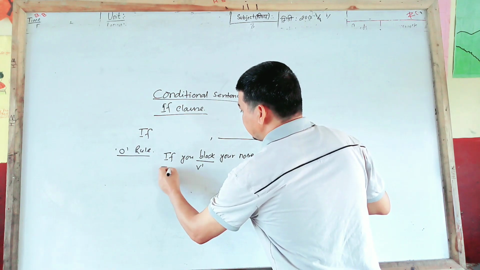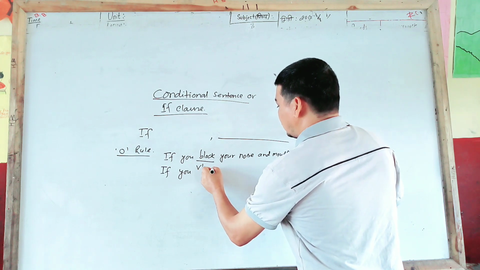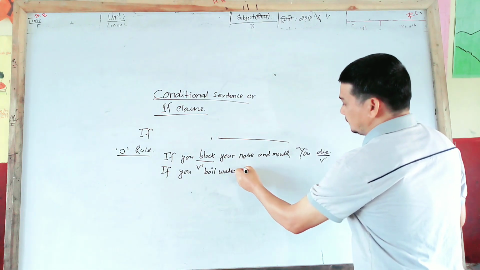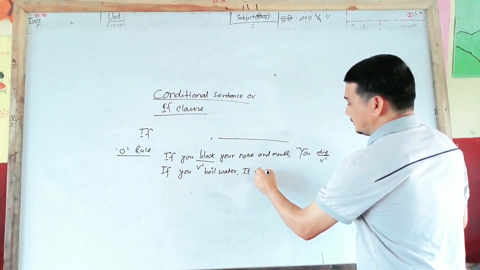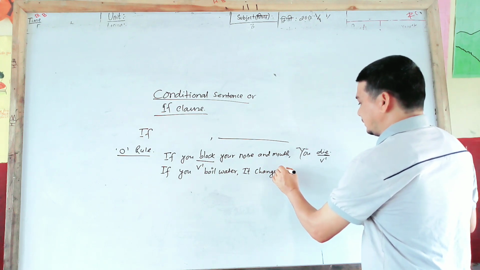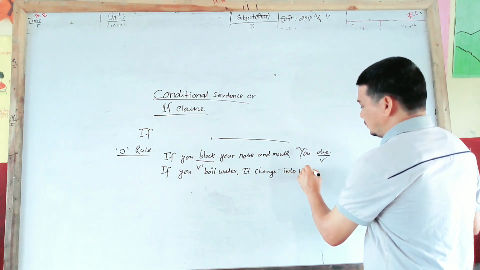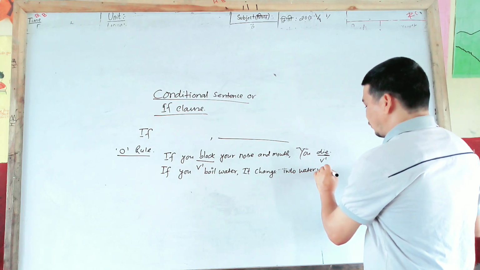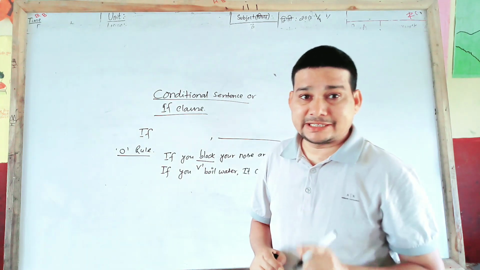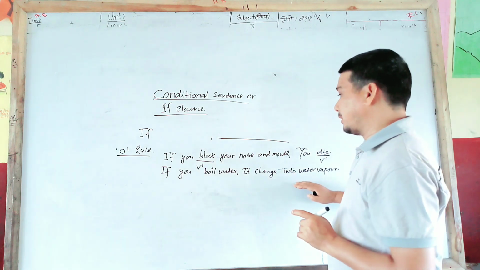And for the next, if you boil water, it changes into water vapor. So if you boil water and when it reaches 100 degrees Celsius, no one can stop it from becoming water vapor.